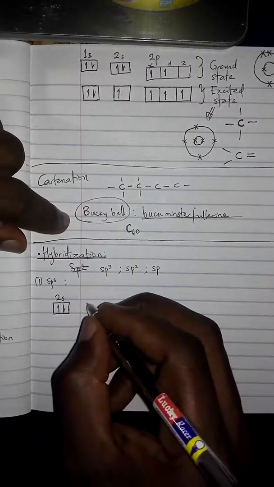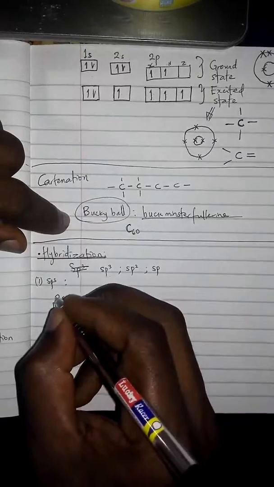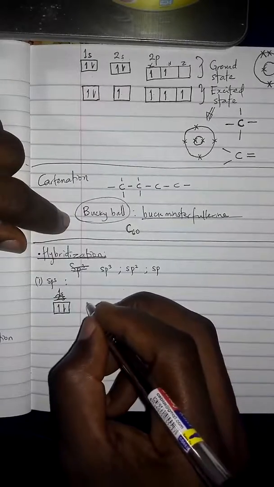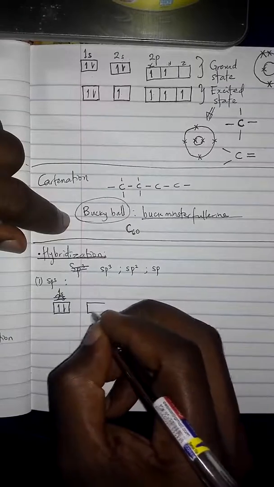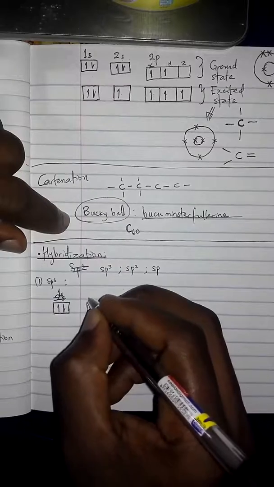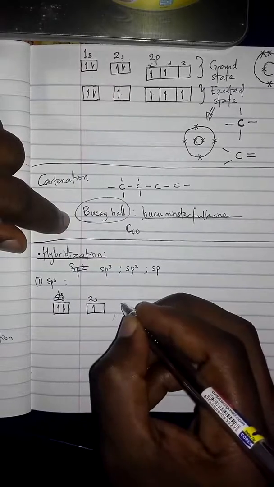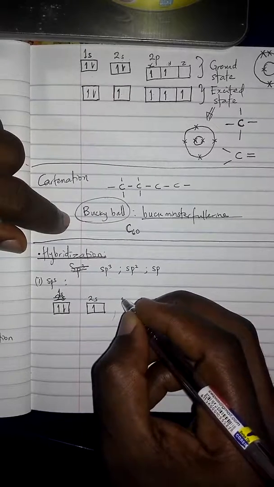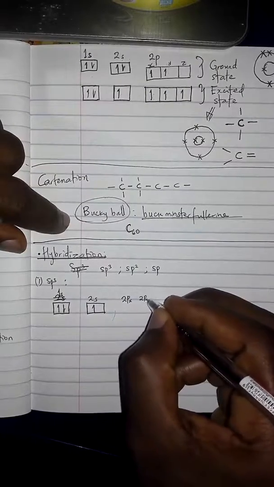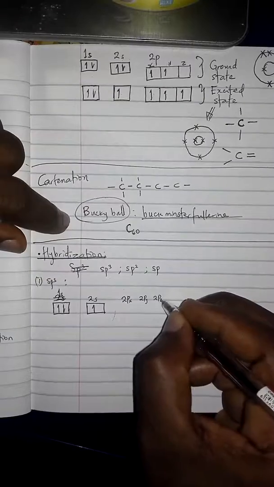Then this is going to be for the 1s suborbital. Then for the others, you're going to have the 2px, 2py, and 2pz.